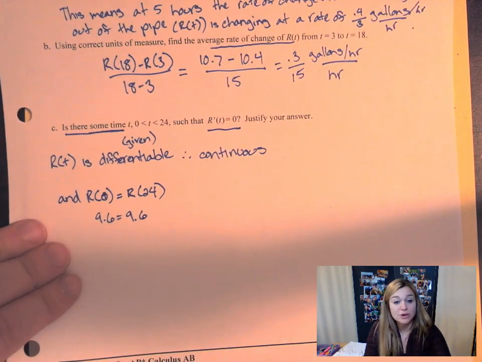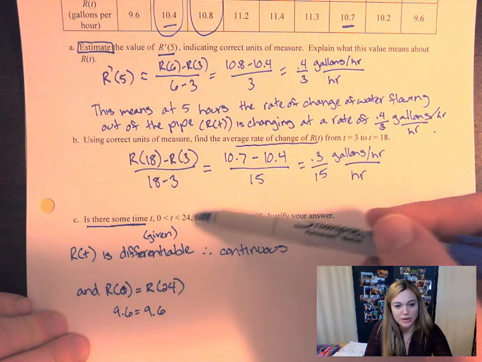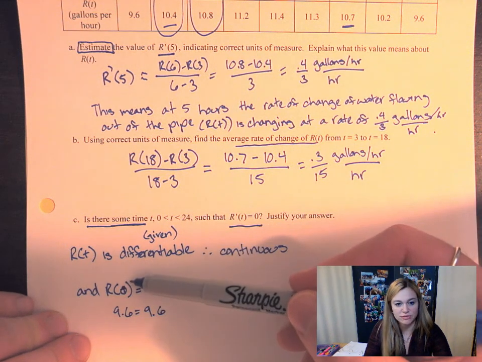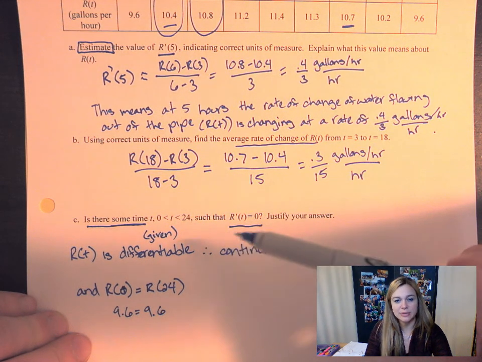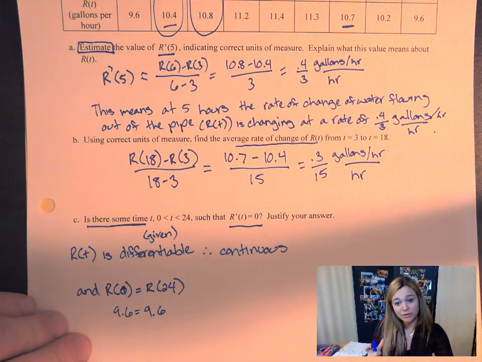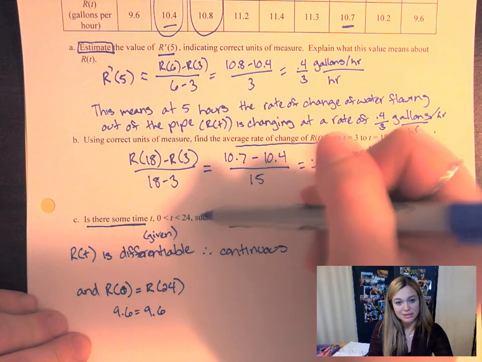So since r of 0 and r of 24 are the same, you might be asking, this says 0 to 24 and these are not included, yet you're saying r of 0 and r of 24. That's okay, because at the end of this theorem, it says there will be a value of c in the open interval, which is why this is open.